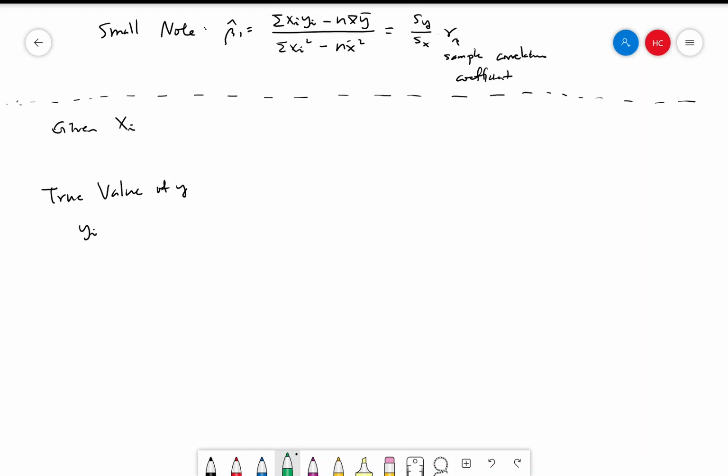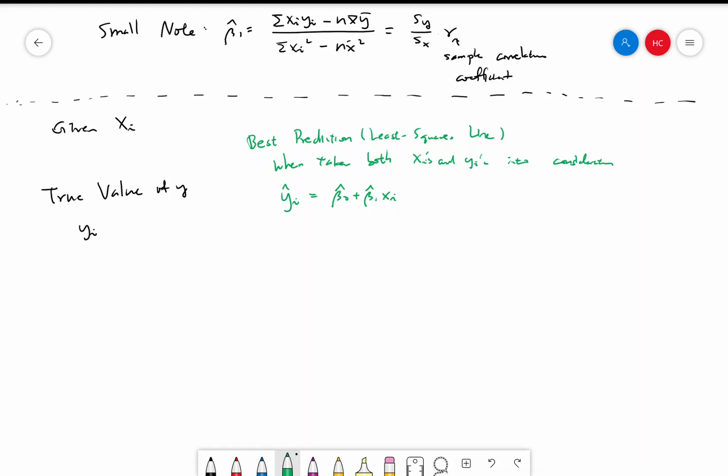So we just introduced that our best prediction, which is the least square line, when taken both xi and yi into consideration. So the best prediction given both xi and yi's is yi hat, and this is equal to beta 0 hat plus beta 1 hat xi. So that's the best prediction. We have inputs from both x and y.